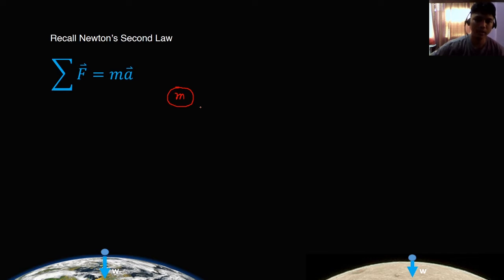Now this object is near the Earth's surface. And if we consider this object to be free falling near the Earth's surface, then that means that there's only one force acting on that object, and that force is the force of gravity.